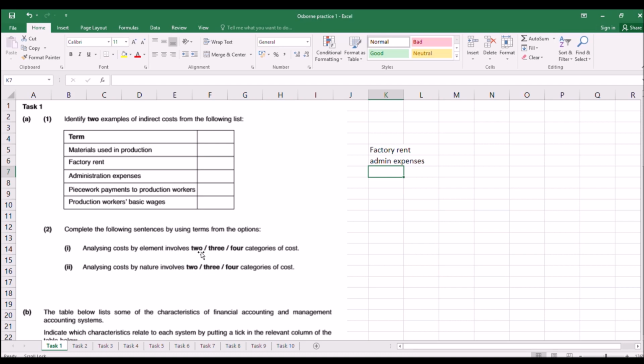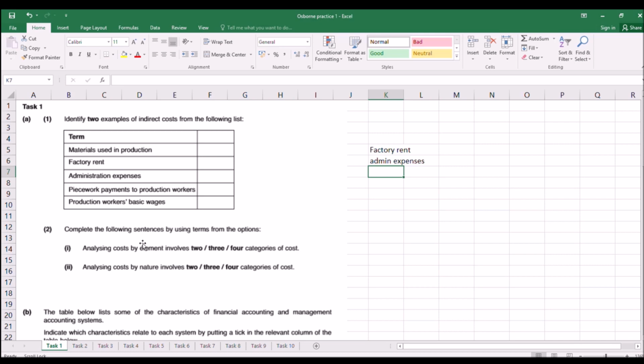So by nature is going to be the 2, and that's direct and indirect costs. And by element is going to be variable, fixed, and semi-variable. Okay, so that one's going to be 3.